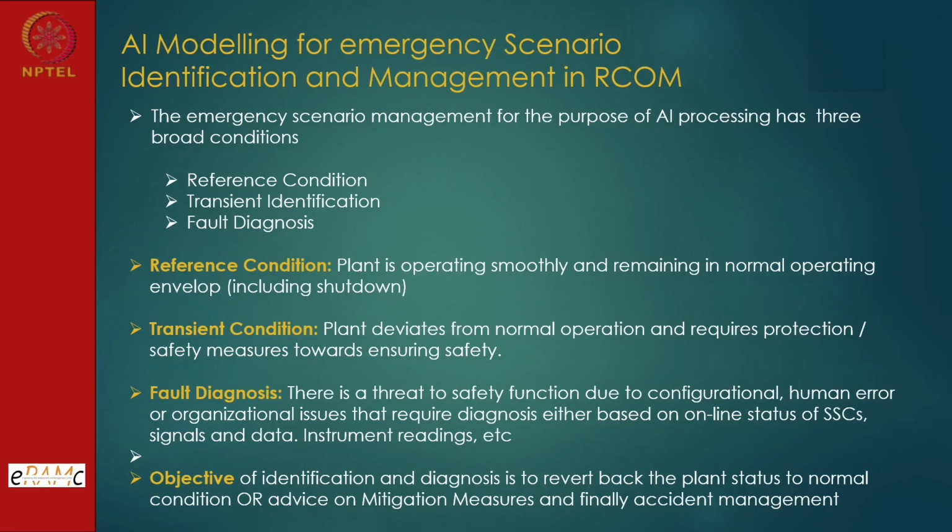But we will be focusing more on two parts: transient conditions and fault diagnosis, because going into the operational routine transient is not our concern, since we are building a system. Let us keep this complexity to a certain level only. Otherwise, the negative effects start actually.